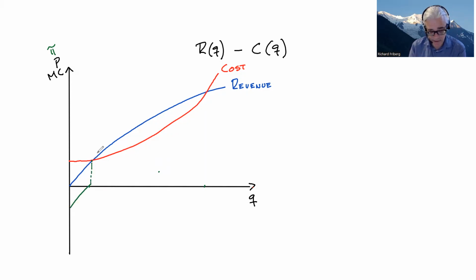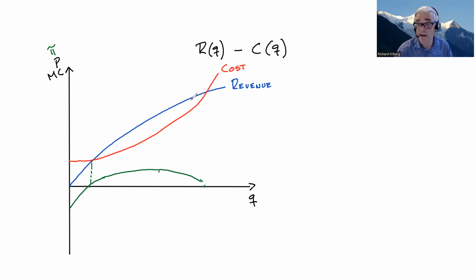But then at some point, revenue is greater than cost, and the firm is making a profit. This difference is increasing here, so profits are becoming bigger and bigger. This might not be perfectly to scale, but hopefully listening and looking will give you the intuition. But then eventually the difference between these two is decreasing.